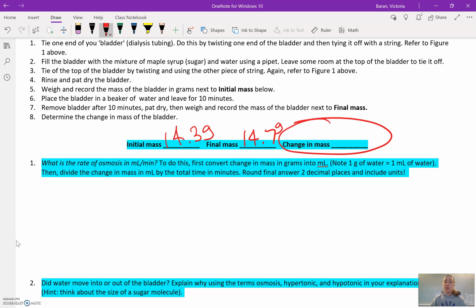Then you're going to take your change in milliliters and divide it by the total time in minutes. I put it in this beaker for 10 minutes, okay? So this number divided by 10 minutes gives you your rate of change. Make sure you include proper units, milliliters per minute, and you round your final answer to the correct decimal places.